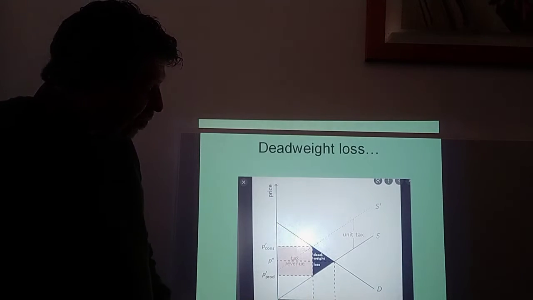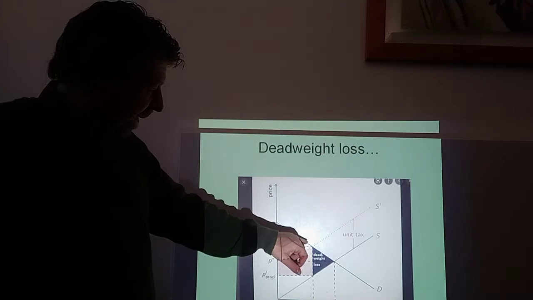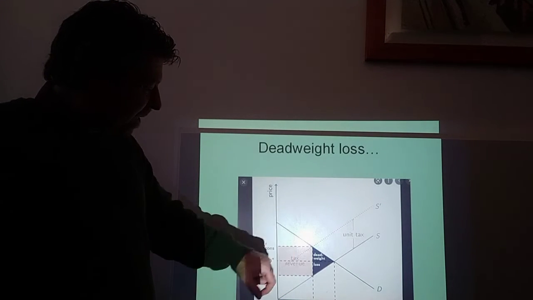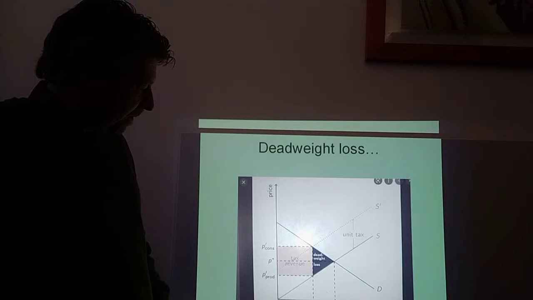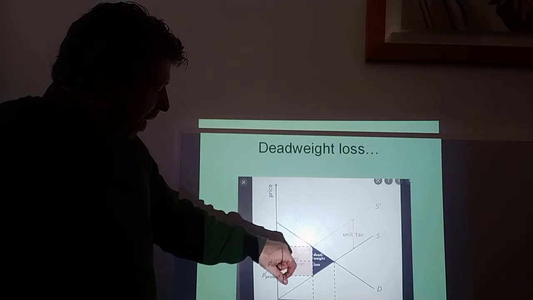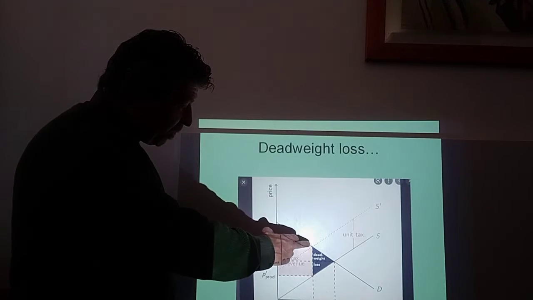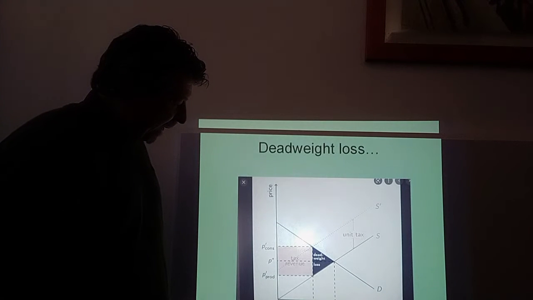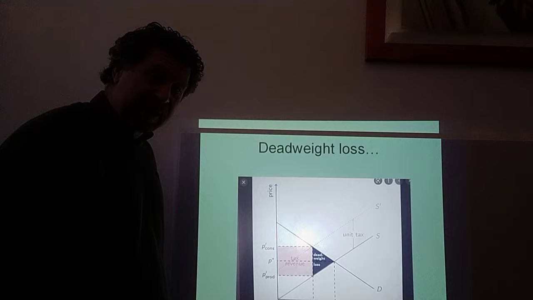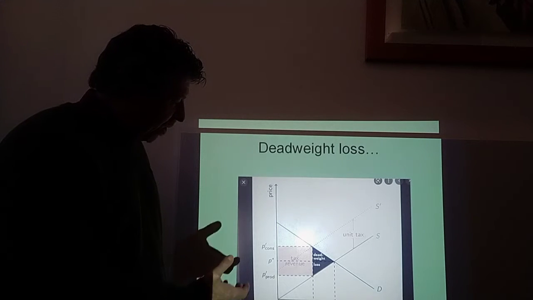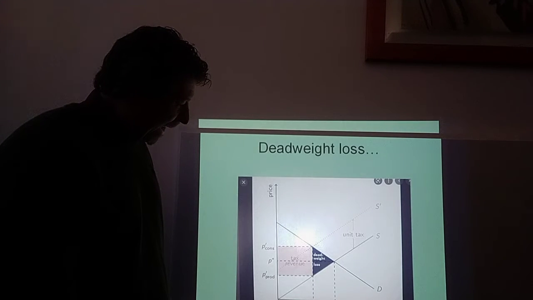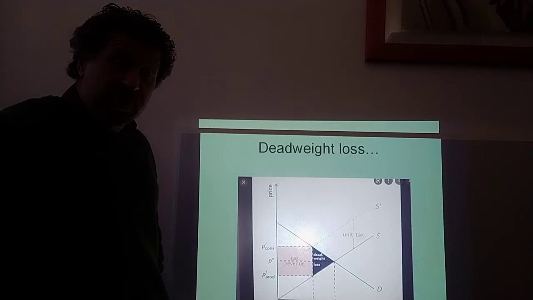Obviously what the consumer is paying is here, because with the tax they have to pay a much higher price. And here the consumer will only want that many, because the consumer surplus is much less, and so they'll want to buy much less than what could be provided.